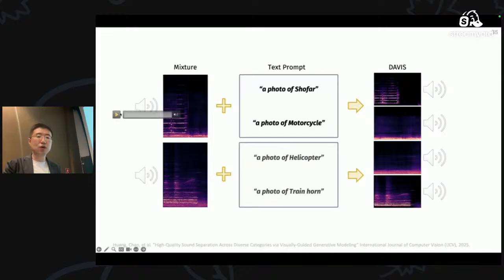So let me just show you one example. A motorcycle is so far, and you have the text prompts of a sofa.